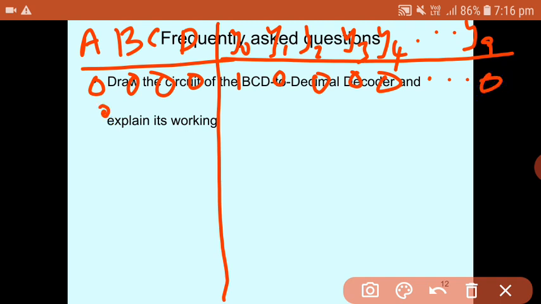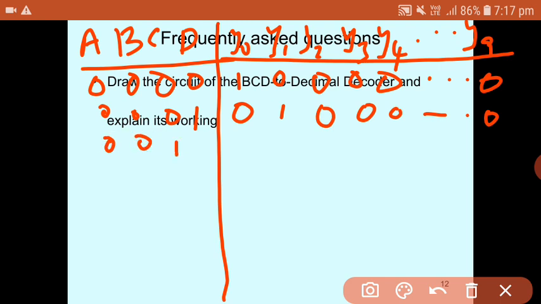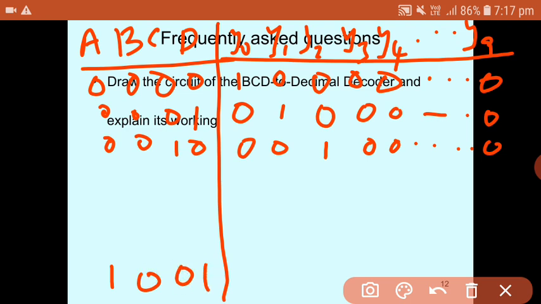For the next combination 0 0 0 1, only Y1 will become 1 and the rest become zeros. Similarly, for 0 0 1 0, only Y2 will become 1, the rest zeros. Similarly, for the last combination 1 0 0 1, only Y9 will become 1, and all remaining outputs will become zeros. Likewise, we need to mention the truth table of the BCD to decimal decoder in its explanation.